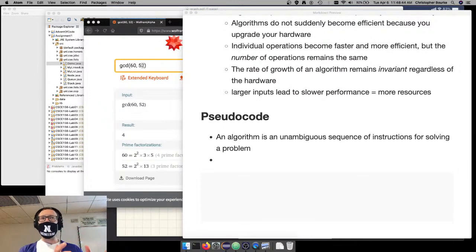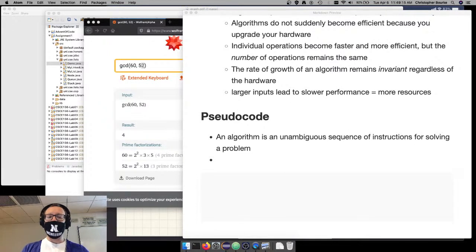And whether or not you accept that is called the Church-Turing thesis. You could come up with an alternative mathematical definition, and people have done that, lambda calculus, but it can be shown that this mathematical definition is equivalent to that one, because anything you can compute over here, you can compute over there, and vice versa. So there are several different notions of what an algorithm means mathematically, that, again, we won't get into.